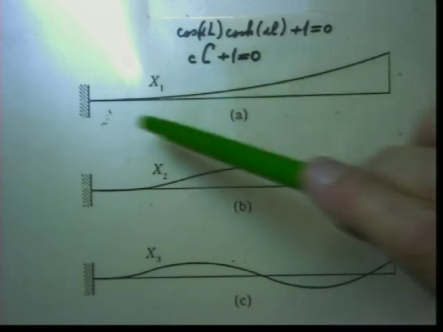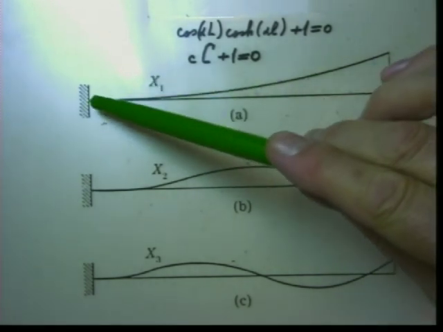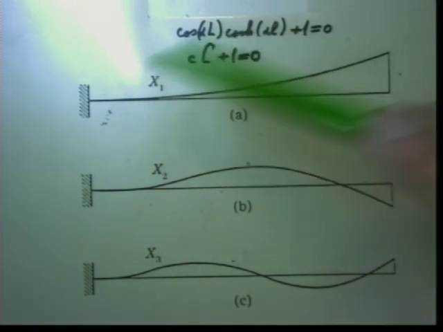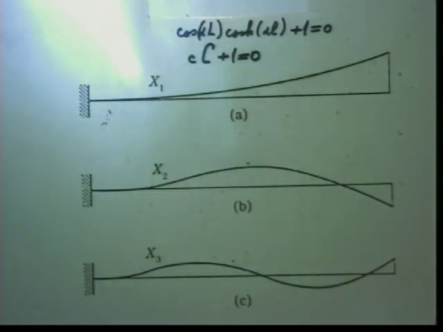So first mode has one boundary node. We can write first mode has one boundary node at the clamped end.